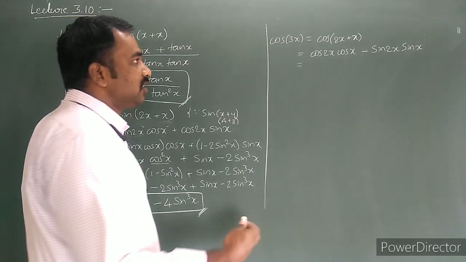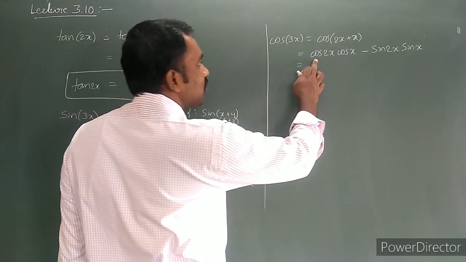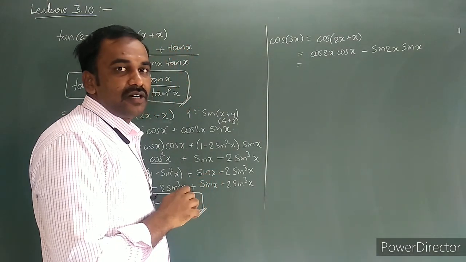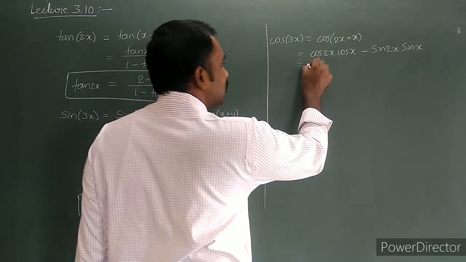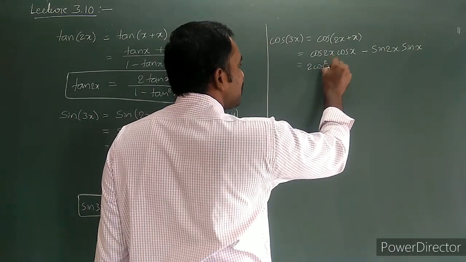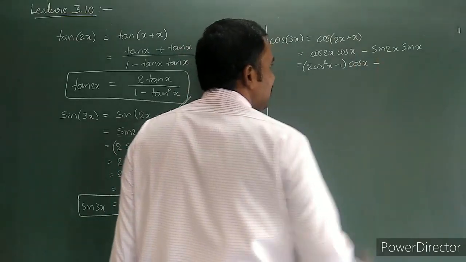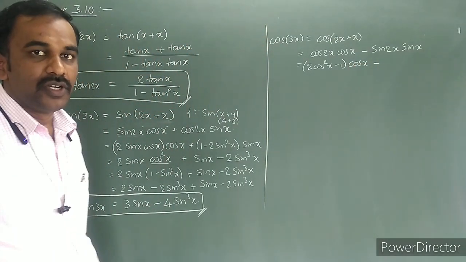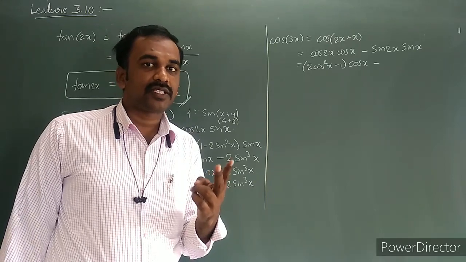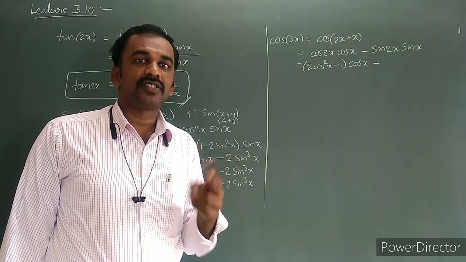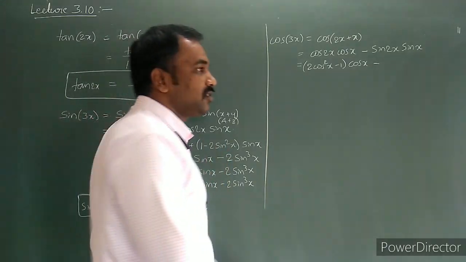So write all the values in terms of cos. Cos of 2x in terms of cos is 2 cos square of x minus 1, into cos of x, minus sin 2x value. We have two results for sin 2x, either in terms of sin and cos or in terms of tan. Which one is suitable?